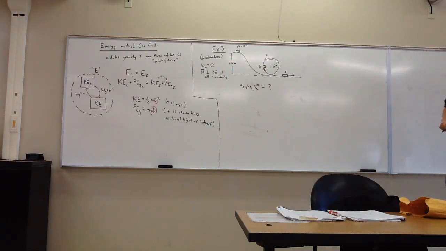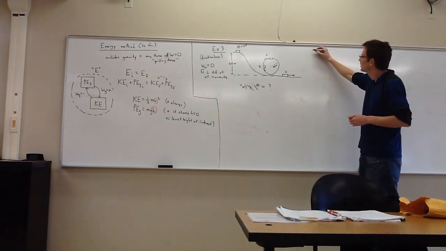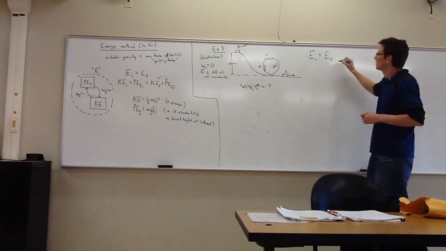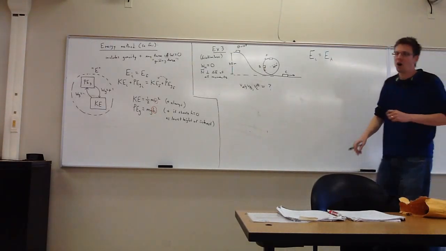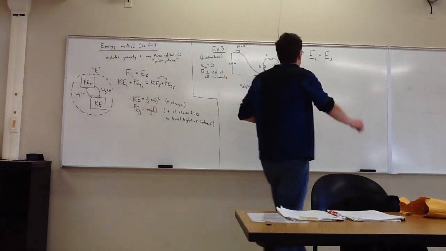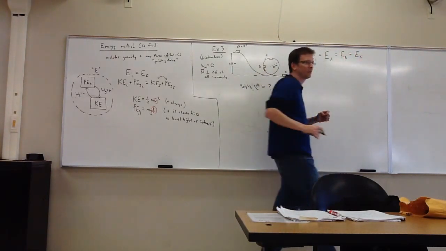Okay, so let me give you a sense of how I might do this. I'm going to make sure that the initial energy that this roller coaster car has is still all there at point A. It should still be there at point B, and it should still be there at point C. The energy can't go anywhere.